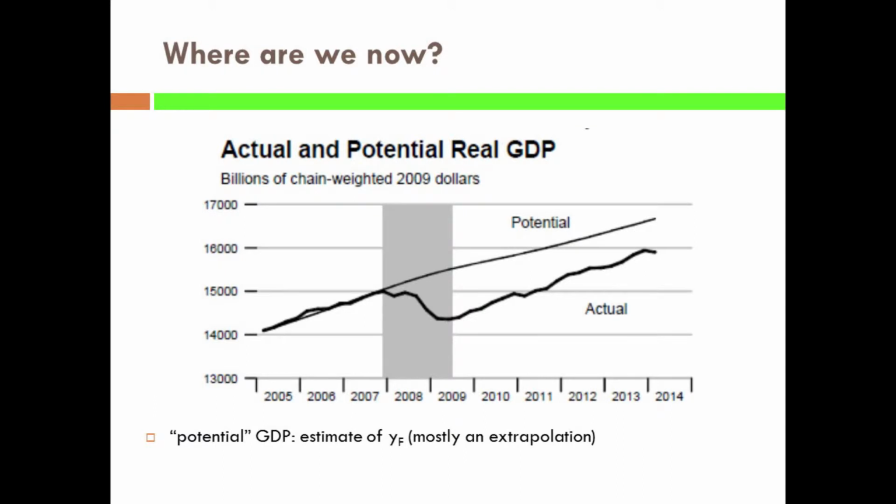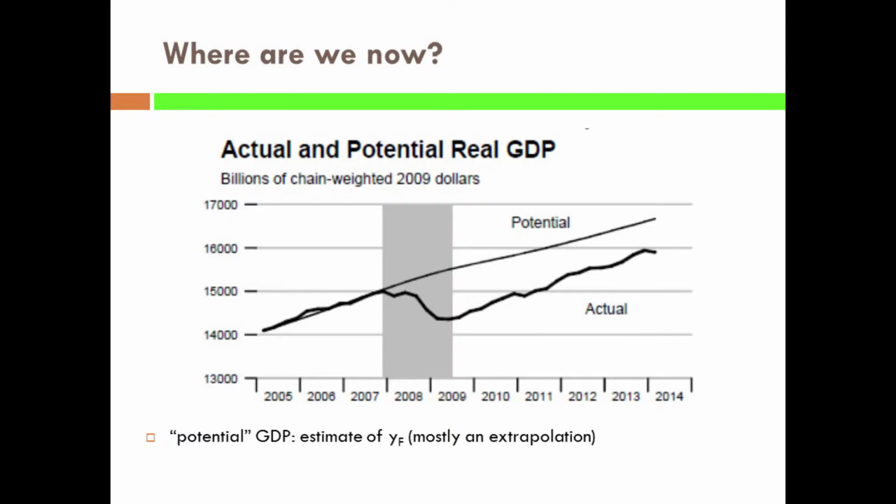Here's a closer look at where we are now. And this introduces another distinction, which is between actual GDP, that's what we have, and something called potential GDP, which is an extrapolation, basically, from the trend we were on.